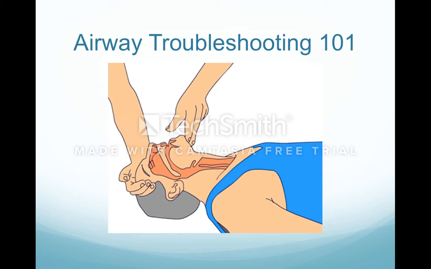One is through the nasal passage, so things like a nasal pharyngeal airway. Secondly, through an oral passage, oral pharyngeal airway. And then thirdly is a cricothyroidotomy or a surgical tracheostomy.